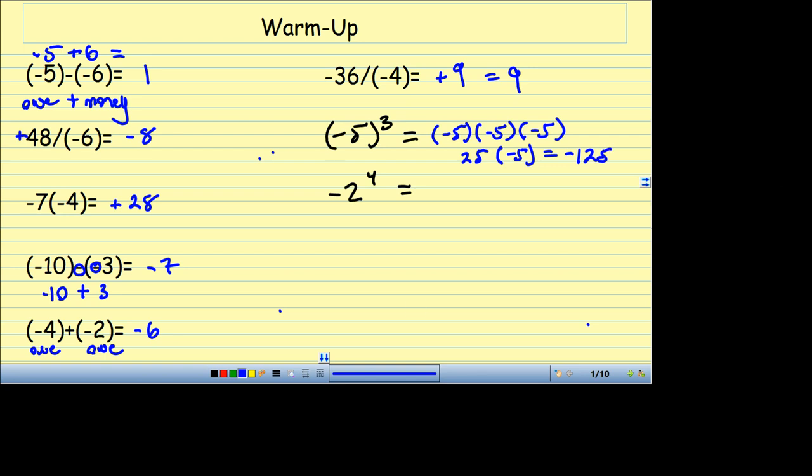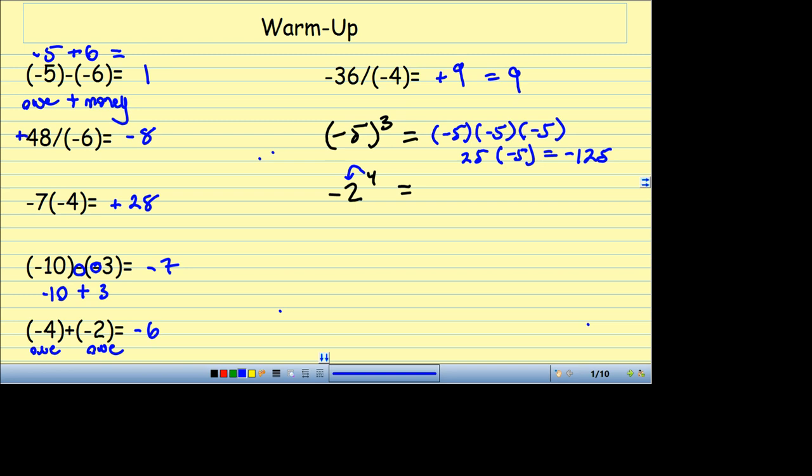Now here's the kicker. I got negative 2 to the 4th power. This power of 4 can only affect the number. That's all it gets to affect is the number. If I want it to affect the negative, I have to put everything in parentheses.